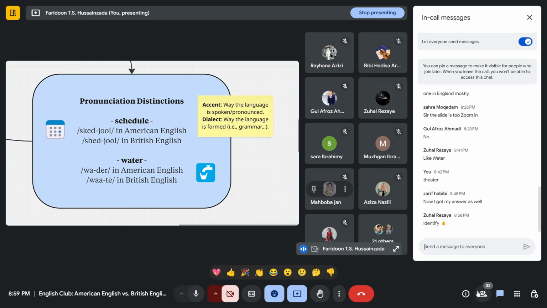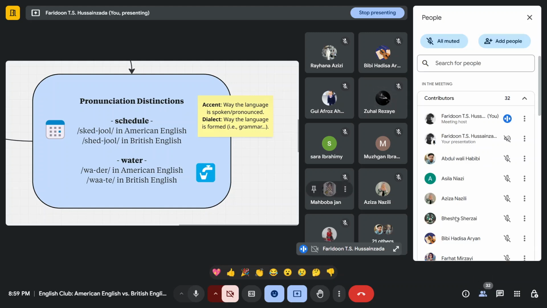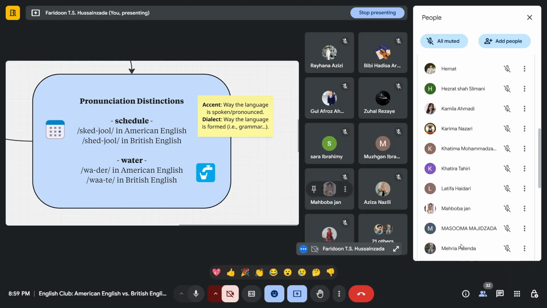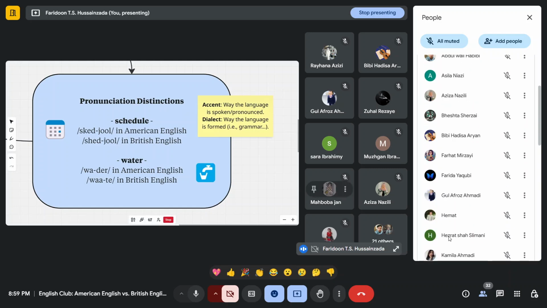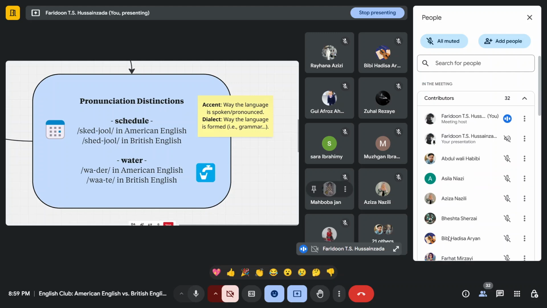So again, I think that's not right, because at least that's not what I've read. From my understanding, you could say that the word identify without the T is actually the North American English accent. And in British English, at least coming to the RP, the received pronunciation, they pronounce it like identify with the T. But I'd love to be corrected.